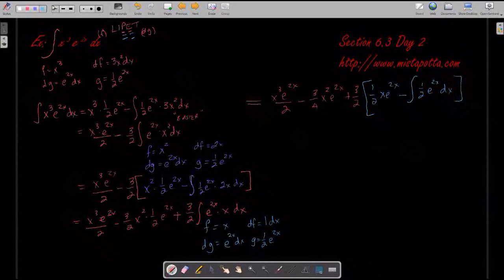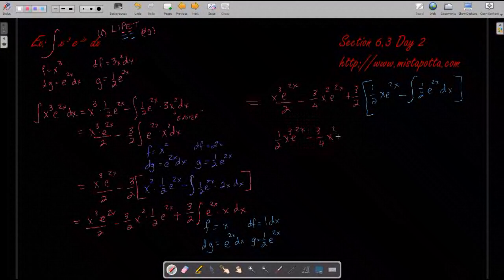So when I distribute this out, I'm going to have 1/2 x cubed e to the 2x minus 3/4 x squared e to the 2x plus, and now I have to distribute this 3/2 across.